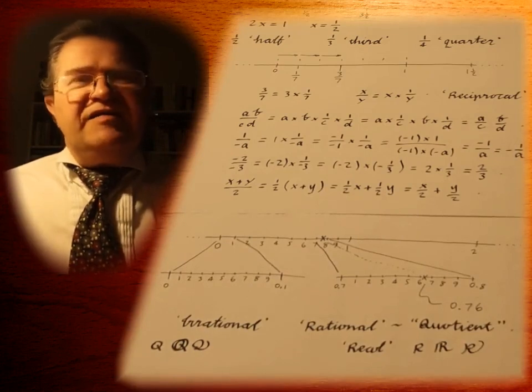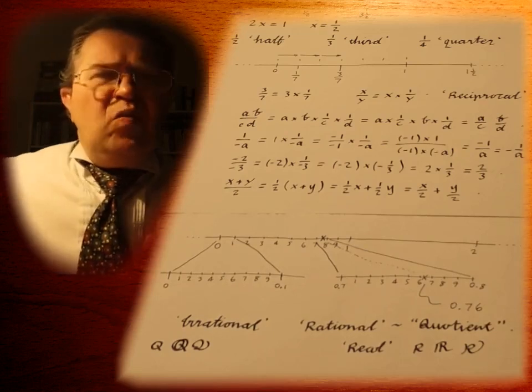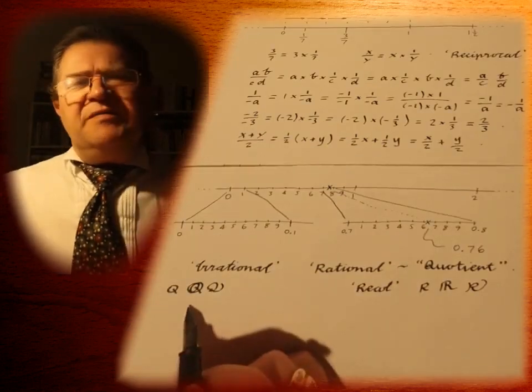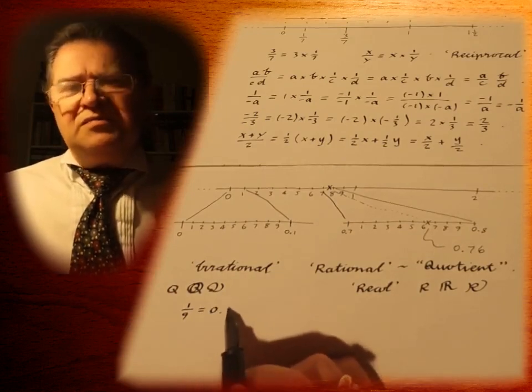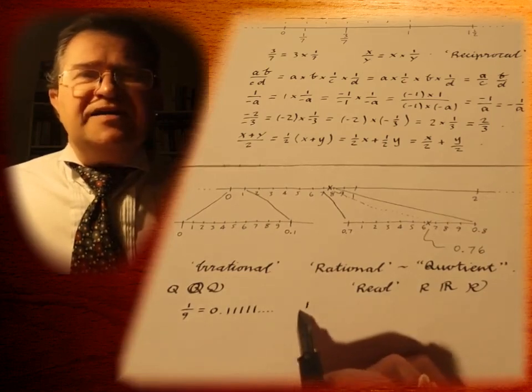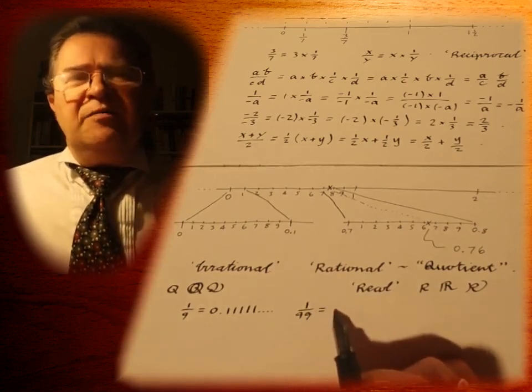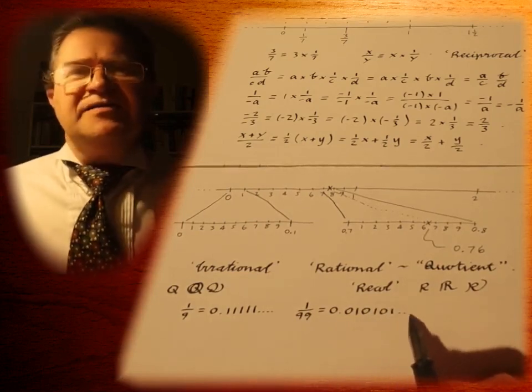As a point of clarification, note that not all infinite decimals are irrational. The number 1/9 has got the decimal representation 0.11111111, etc. ad infinitum. The number 1 over 99 has the representation 0.0101010101 ad infinitum.